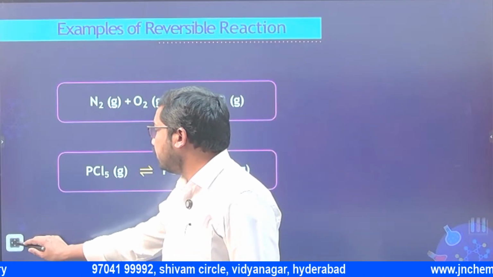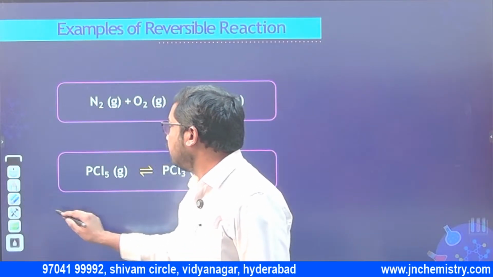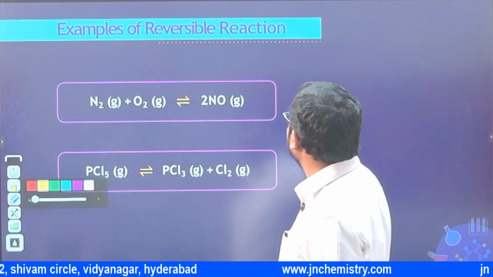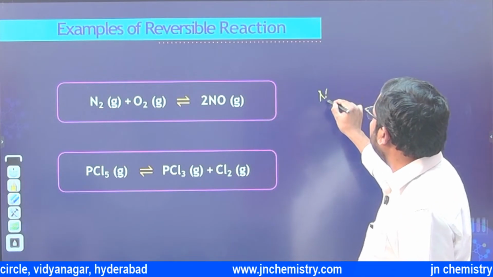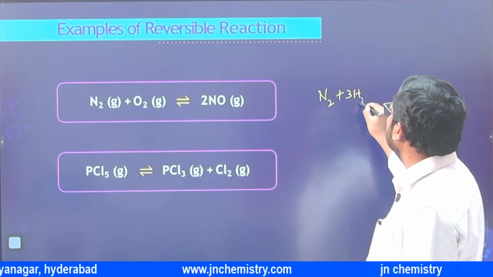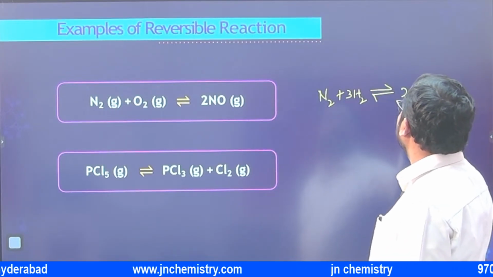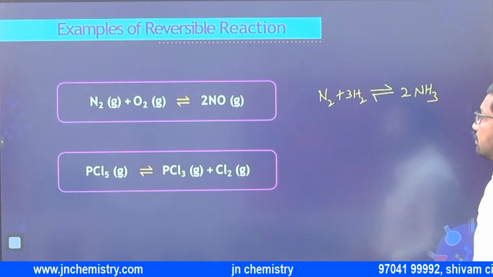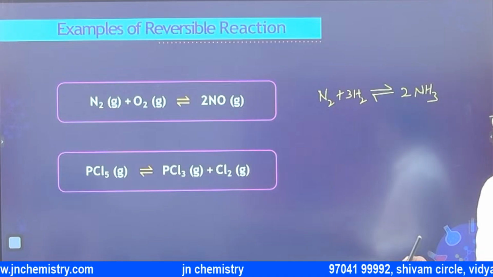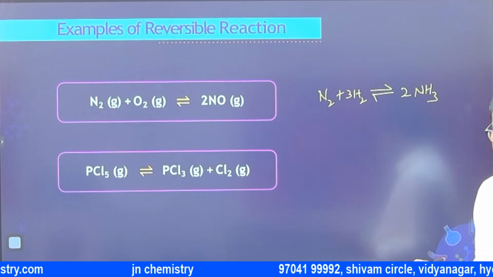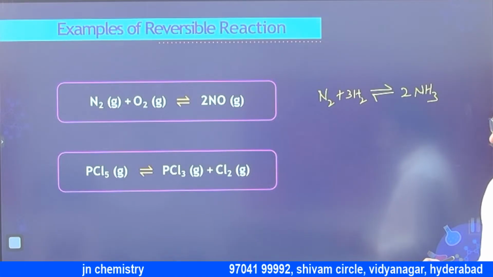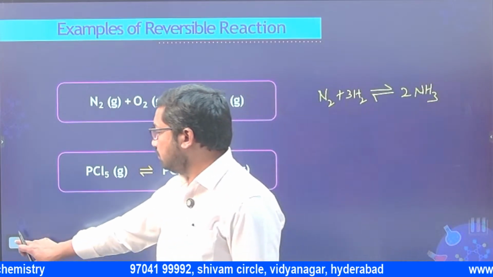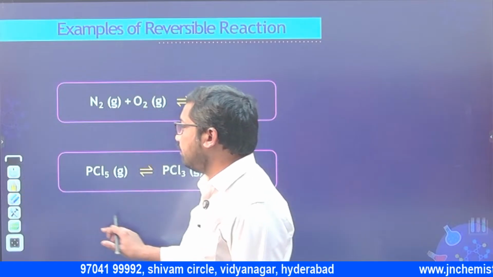We can use this example more and more: N2 plus 3H2 gives rise to 2NH3. Write a bit fast.